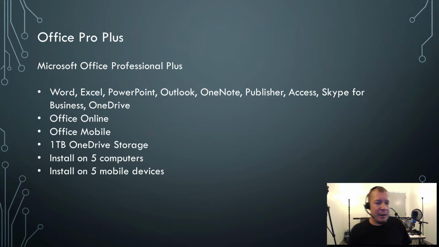And then there's a distinction between the Office 365 version and the standalone version. With the standalone version, you buy a $230 license of Home and Business, and that license key gets tied to that computer. In this case, the subscription gets tied to the user, and the user can install it on up to 5 computers and up to 5 mobile devices. And they don't need a key to type in.